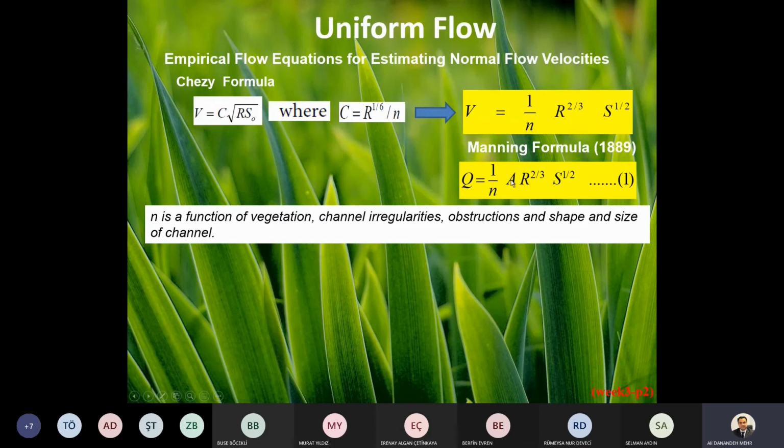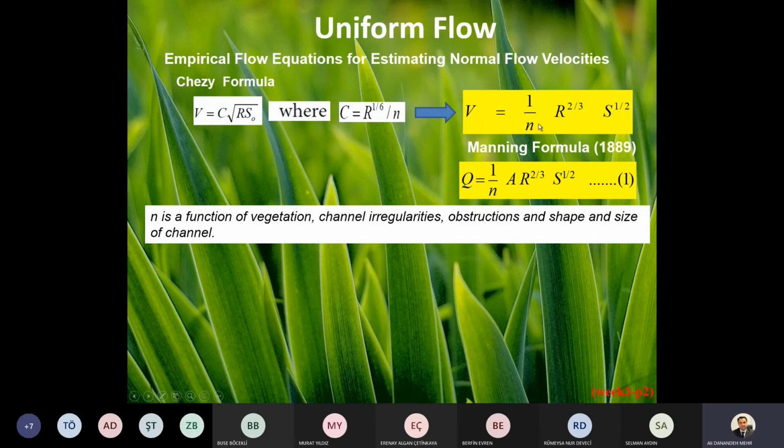Therefore, by multiplying area by the velocity, you can have another version of Manning formula, which is used to calculate discharge. Actually, this one is nothing other than multiplication of velocity by area.